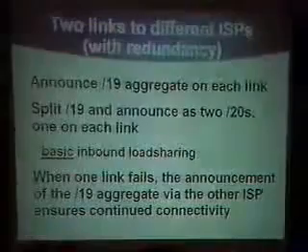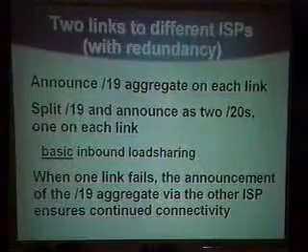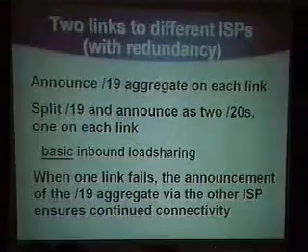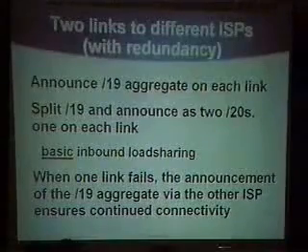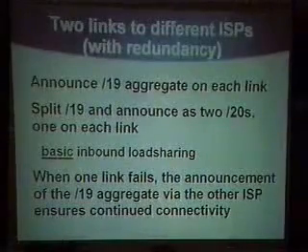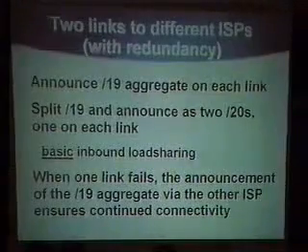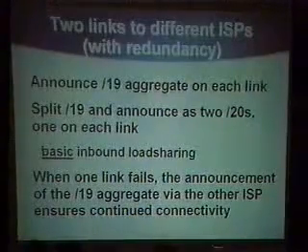Now, that's links to different ISPs. In this case, we'll want to try and announce the /19 aggregate, as we did with the two links to the same ISP. Split the /19 and announce it as two /20s. So we're still announcing the aggregate, but we're also announcing the two sub-prefixes. It gives you basic inbound load sharing. This may not be enough to start with. Well, it'll be enough to start with, but it may not be enough as your network grows.